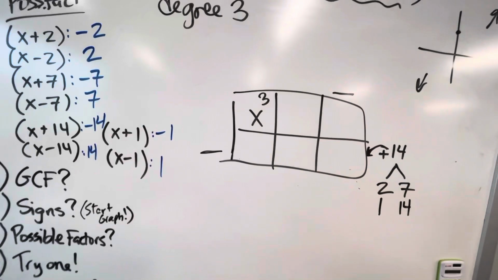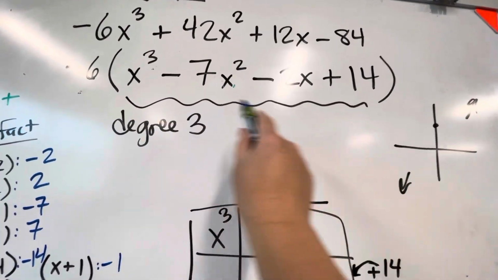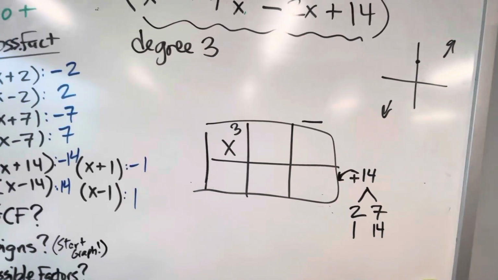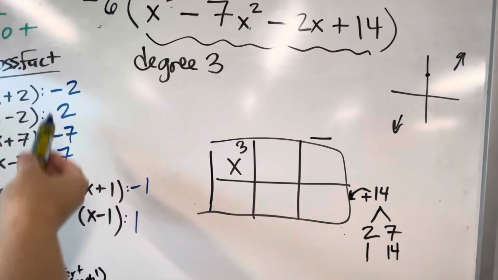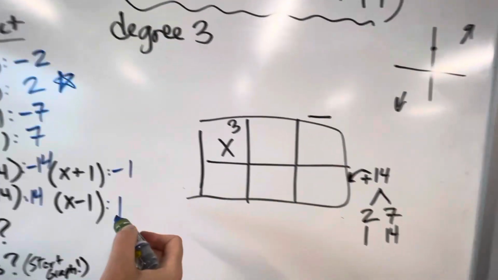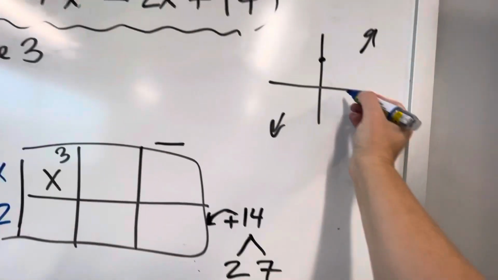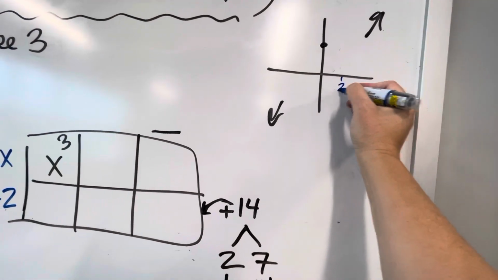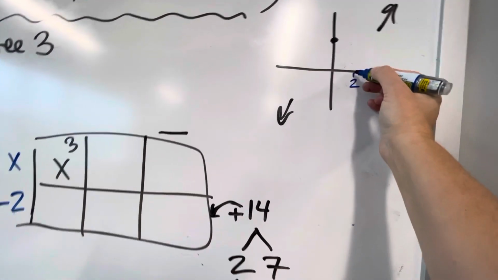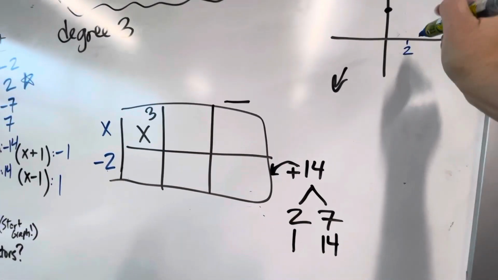So I might go ahead and try dividing this polynomial, the underlined polynomial there, by something middling, maybe like 2. I'm going to test this one right now. So I'm going to divide by x -2, and I'm looking to see at 2 what's happening on the graph.